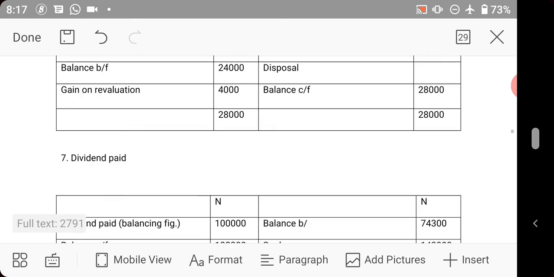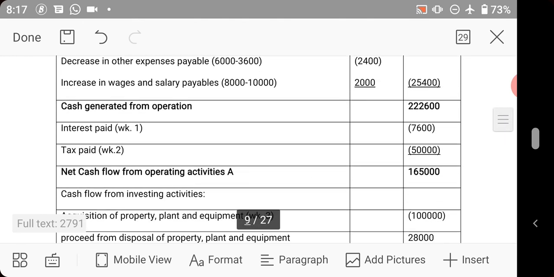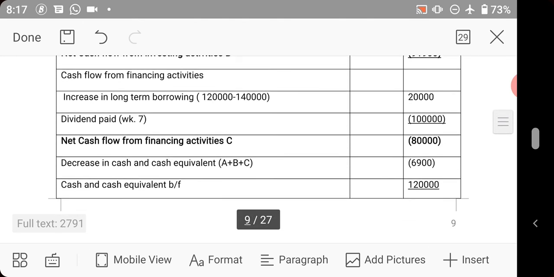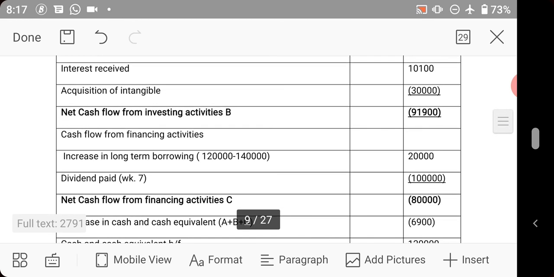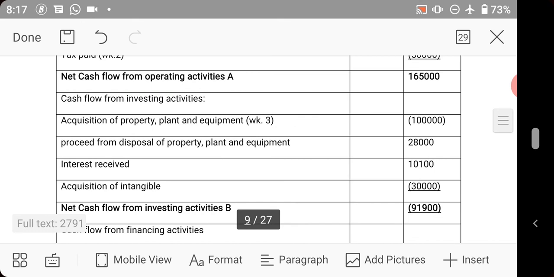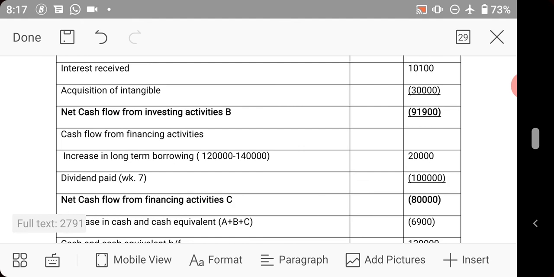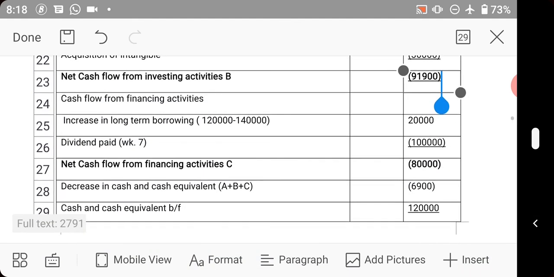Then the last one is dividend, which I told you was already given to us. So we add all this: minus 100 plus 28 plus 10,100 plus 30,000 will give us this. So we now have net cash flow from investing activity.